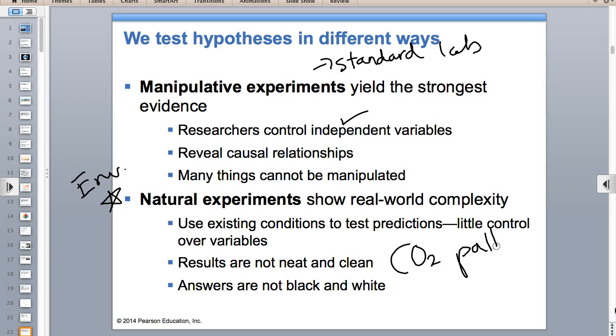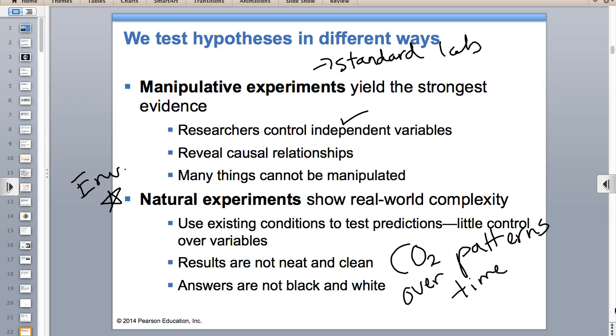With a natural experiment, we look at CO2 patterns in the atmosphere over time and draw our conclusions from that. But we're not going to be able to take the CO2 out and see what happens without it. We have to look back over the data that's already there and make our inferences from that.